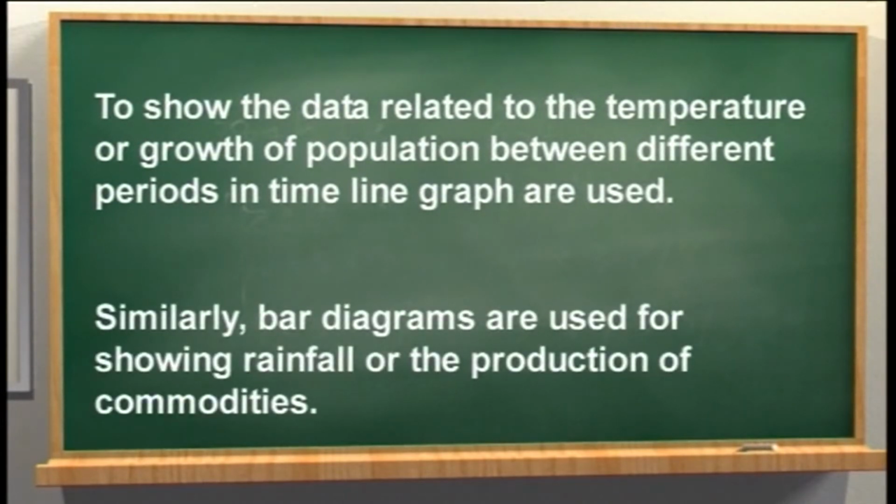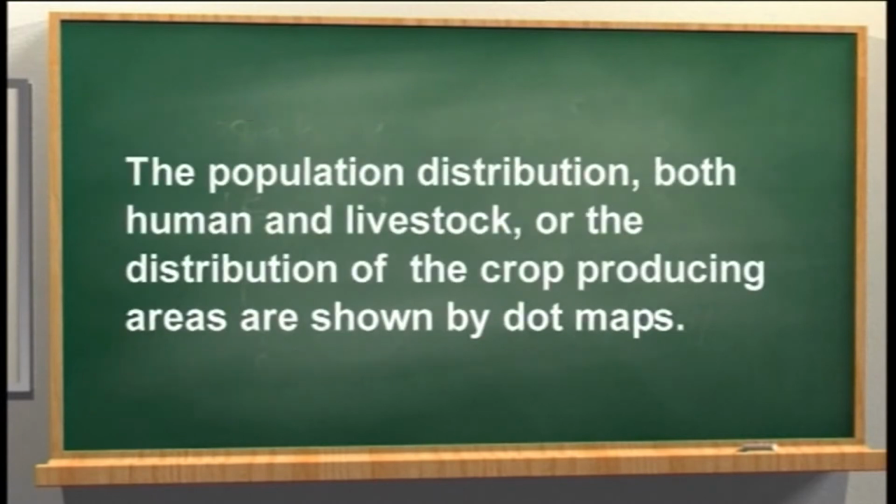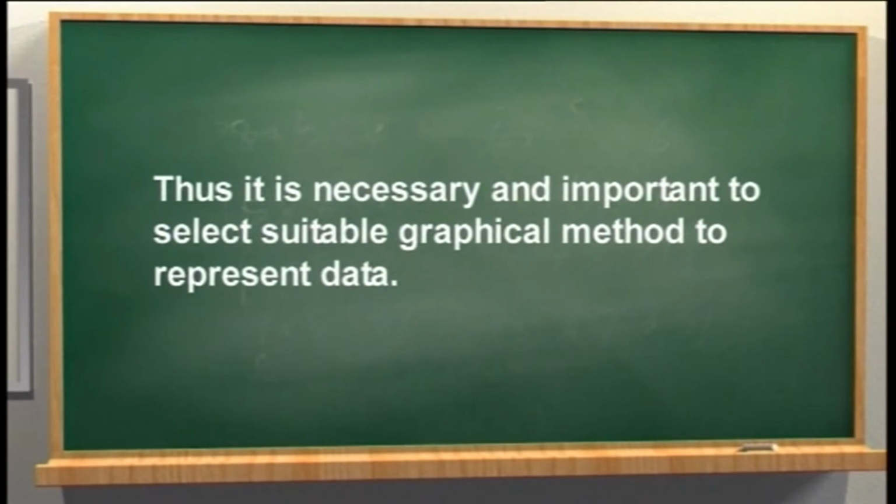Similarly, bar diagrams are used for showing rainfall or the production of commodities. The population distribution, both human and livestock, or the distribution of the crop producing areas are shown by dot maps. Thus, it is necessary and important to select a suitable graphical method to represent data.